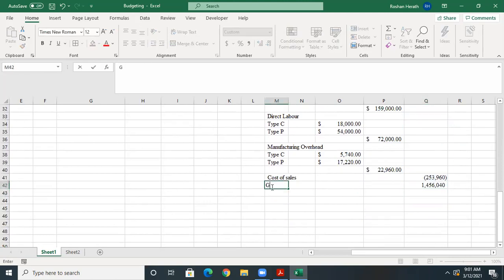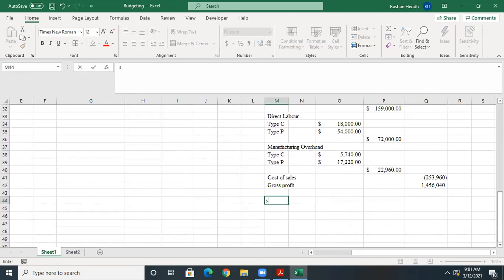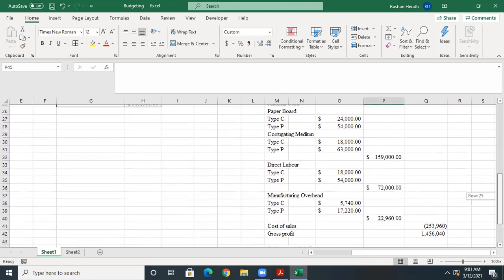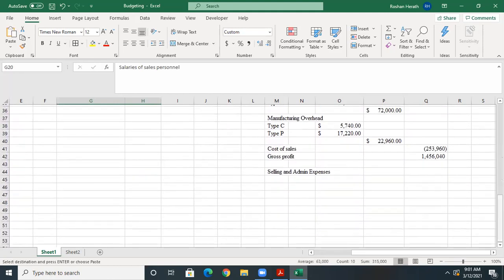So here we have the gross profit. And then you can get the selling and administrative expenses. You can simply draw the figures from there. You can just copy them and paste them.